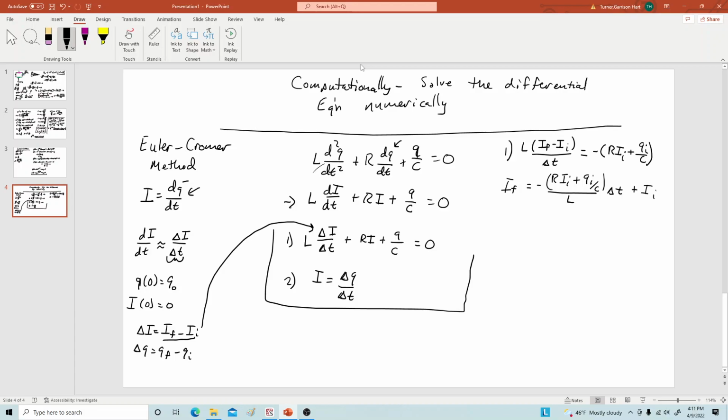So now I have an iterative equation that will allow me to calculate these quantities, and then delta Q is QF minus QI. So in fact, let me underline this equation.